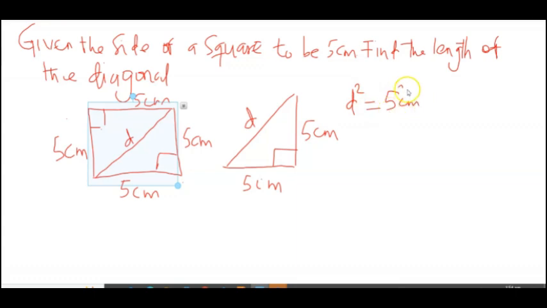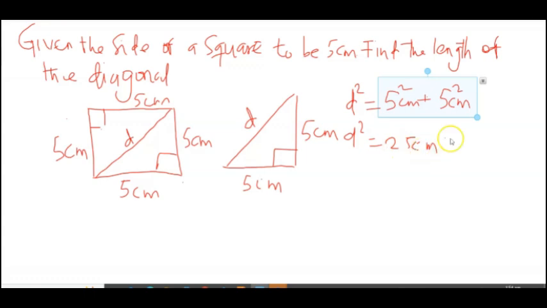5 centimeters squared plus 5 centimeters squared. So d squared is equal to 25 square centimeters plus 25 square centimeters. So d squared is going to be 25 plus 25, which gives us 50.